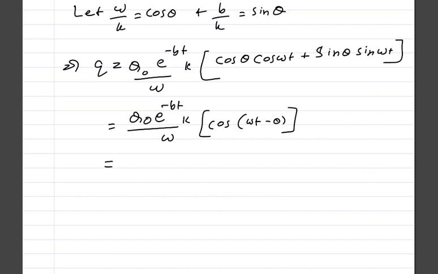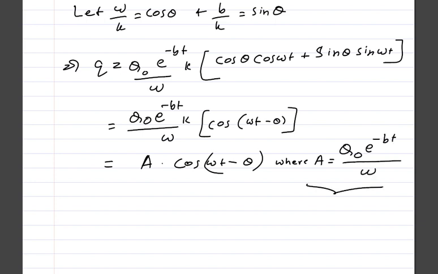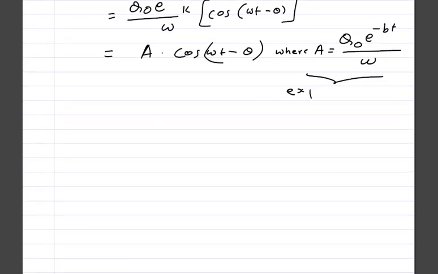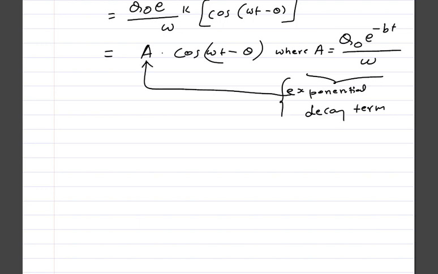That entire term can be written as a, so a into cos omega t minus theta, where a is equal to q naught e to the power minus bt by omega. So this is the exponential decay term.